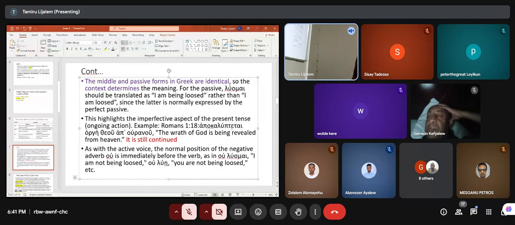Apocalyptetai: tai is the middle or passive suffix. It is being revealed.